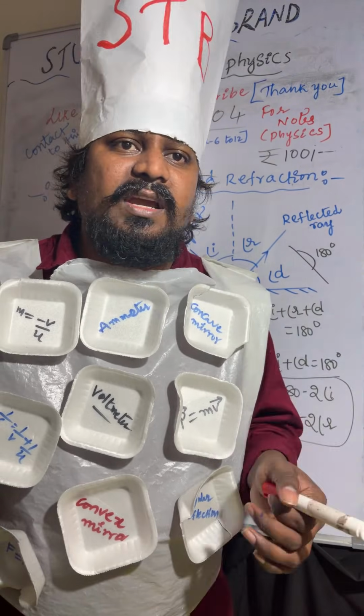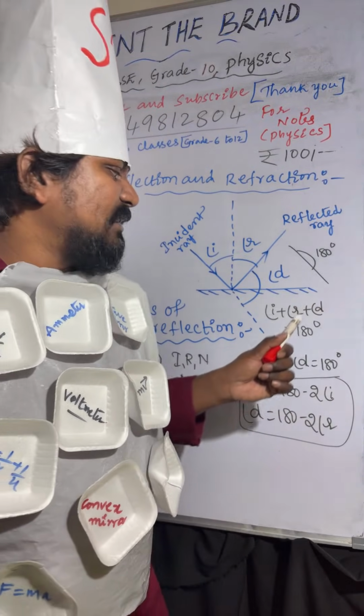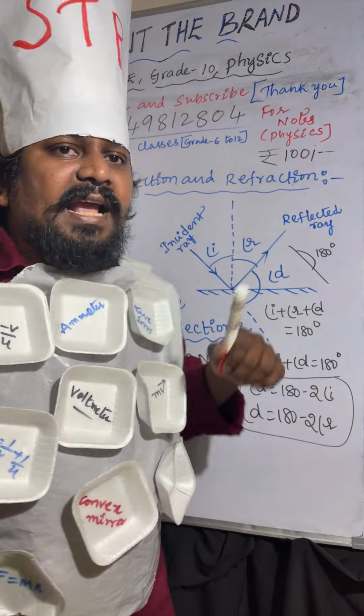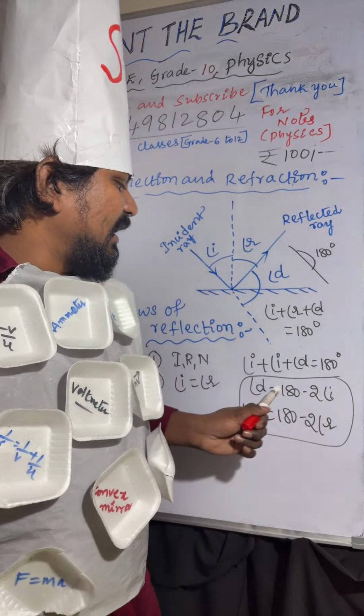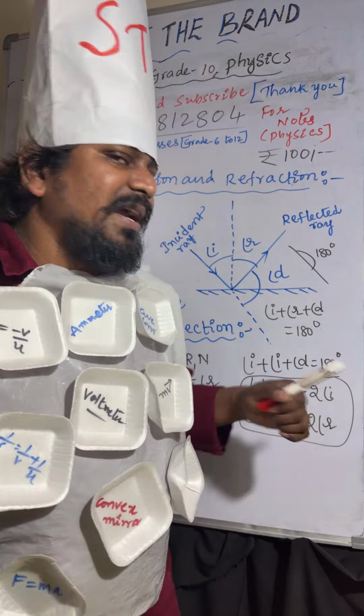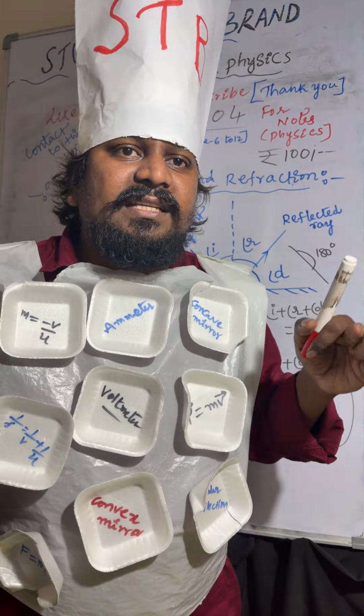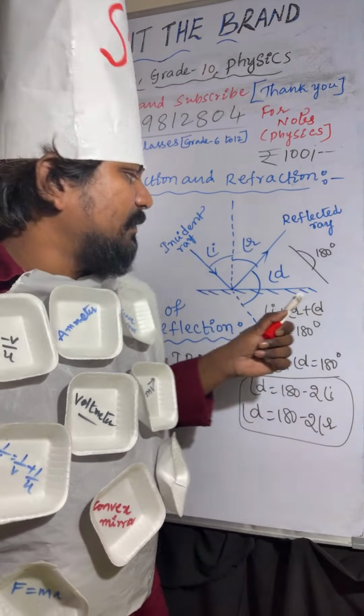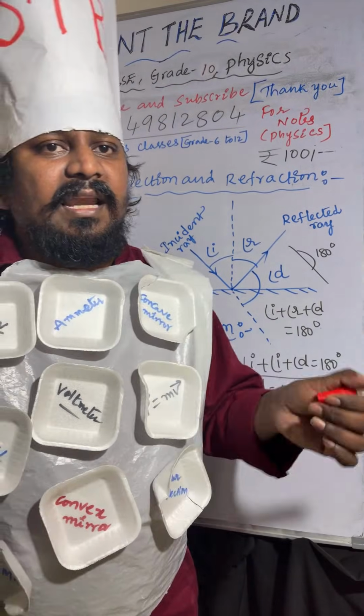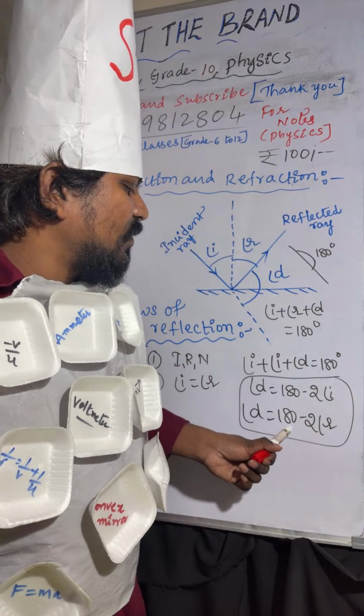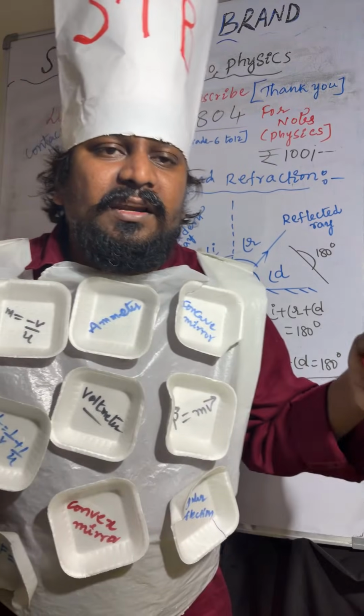Now you can observe here. In the place of angle of reflection, if I substitute angle of incidence, then angle of deviation equal to 180 minus 2 angle of incidence. In the place of angle of incidence, if I substitute angle of reflection, then I will get angle of deviation equal to 180 minus 2 angle of reflection.